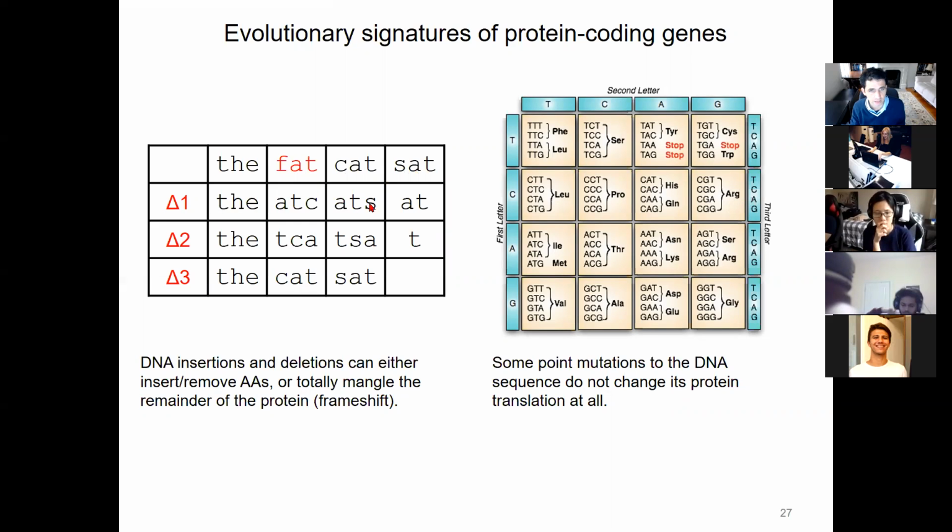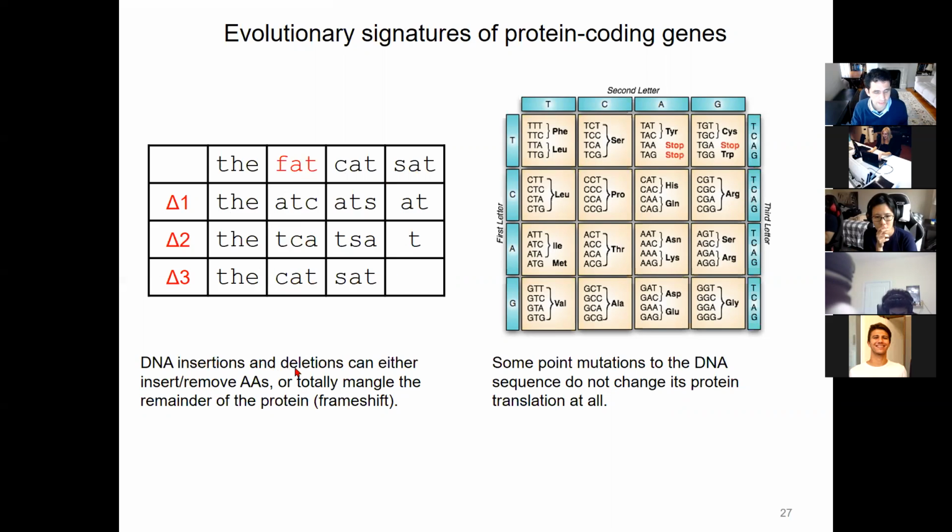So that basically makes it nonsensical. So the, at doesn't mean anything because you've shifted by one. If you delete two nucleotides, F and A, the, ka, sa, t doesn't again mean anything. But if you delete three nucleotides, you're back in frame.